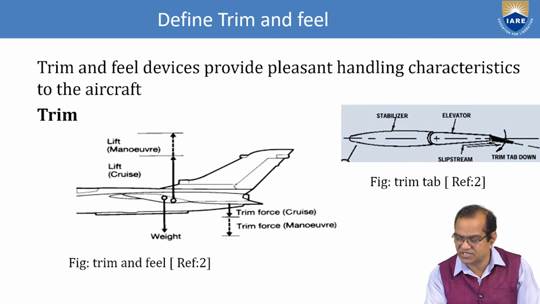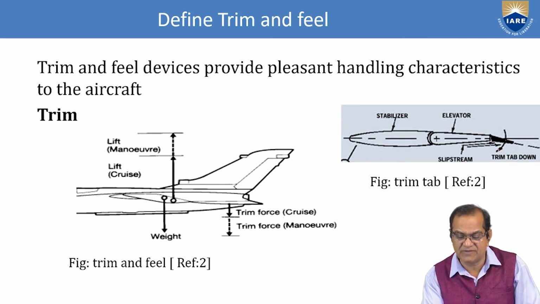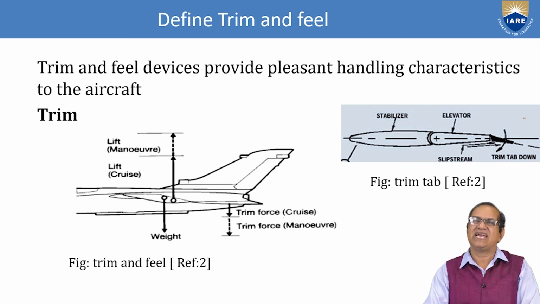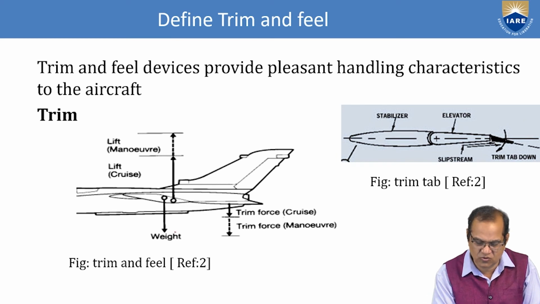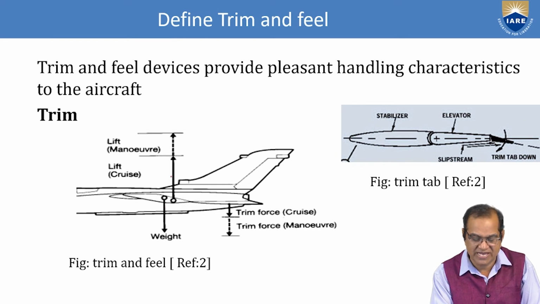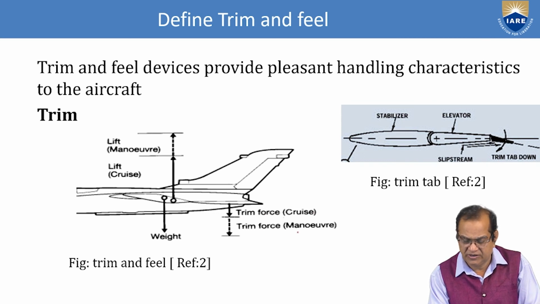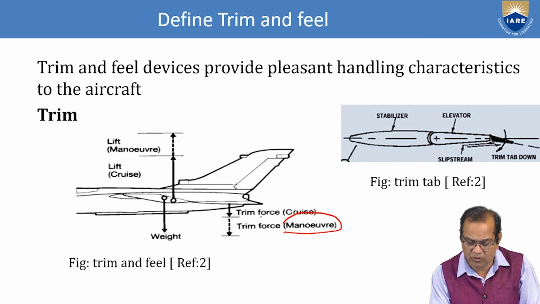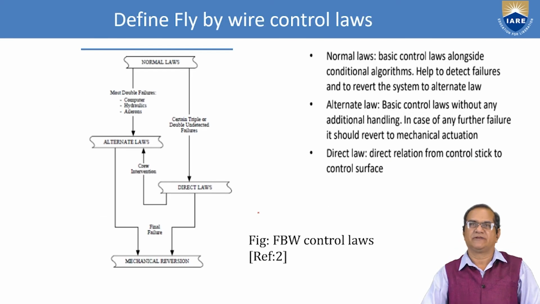There are some trim types here. These trim types will give the aircraft an exact location and exact condition. It is shown here that as the lift is increased, the trim force for the maneuver is more than the trim force for the cruise. So like this it is working.